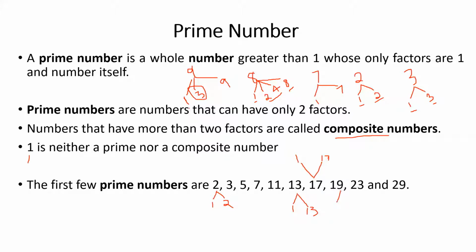For 19, it is 1 and 19. For 23, 1 and 23. I just stopped at 29, but there are many more prime numbers. Even if you take a bigger number, you will find there are only 2 factors for prime numbers. So you understood the concept, right?